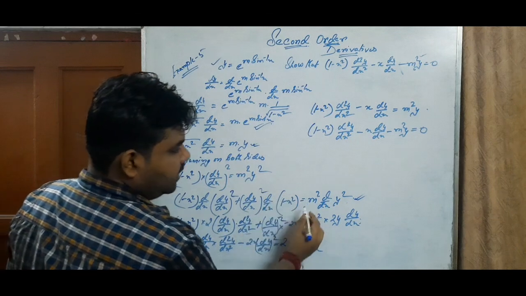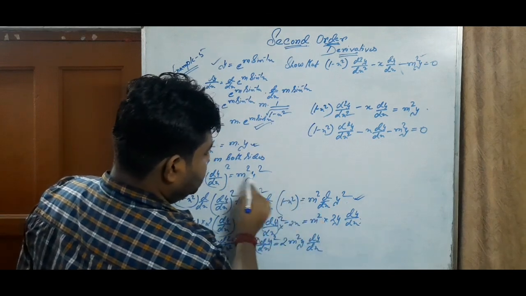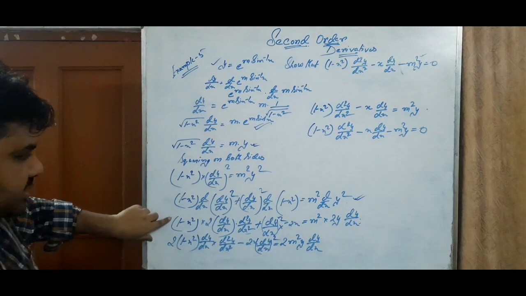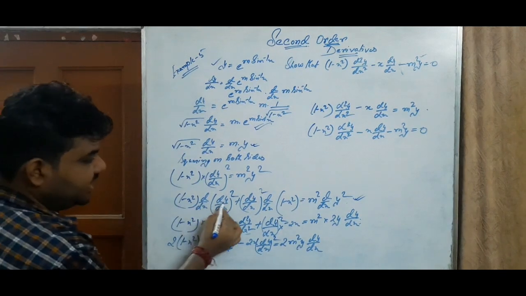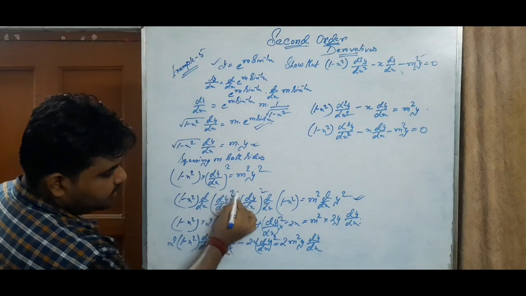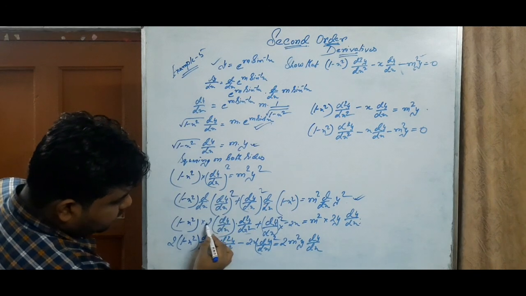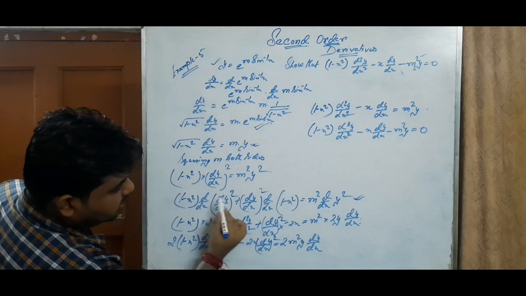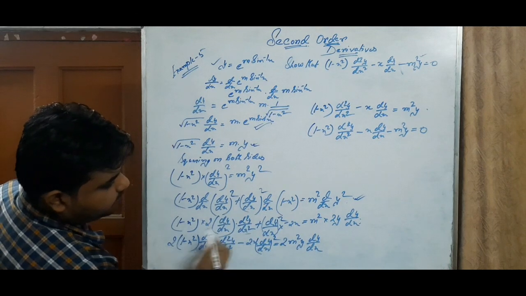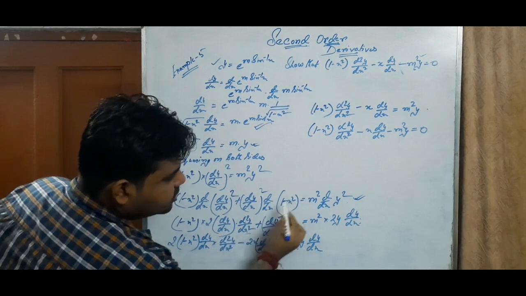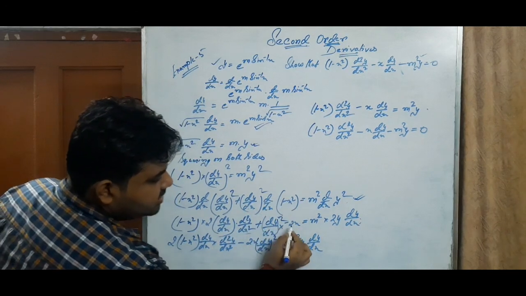Now m square, that is m square d by dx of y square. Now 1 minus x square, and it is d by dx of dy by dx whole square. The power comes first, that is 2 dy by dx into d2y by dx square plus dy by dx whole square into d by dx of 1 minus x square, that is minus 2x.